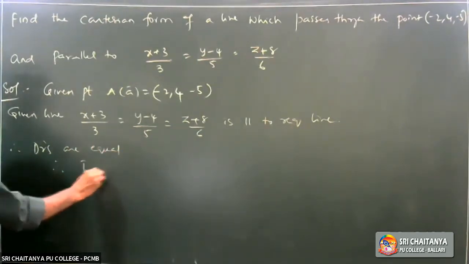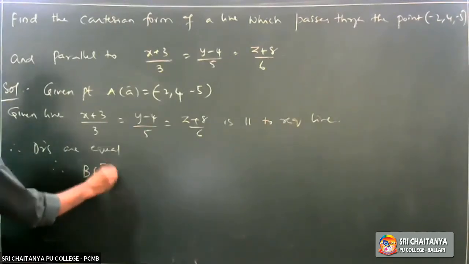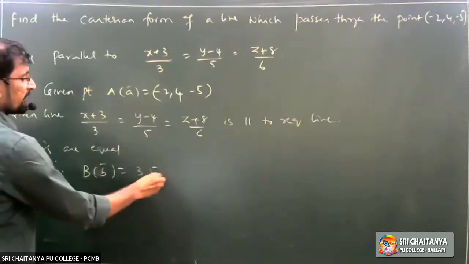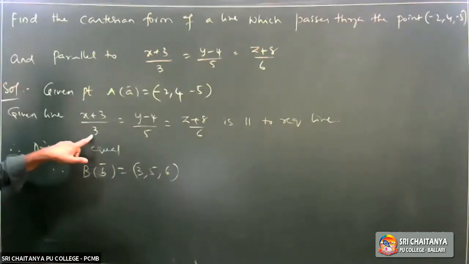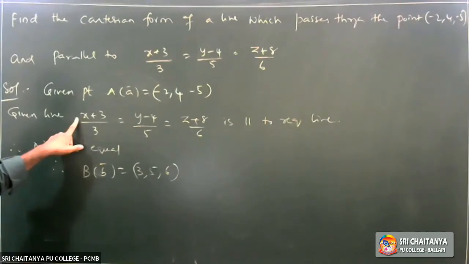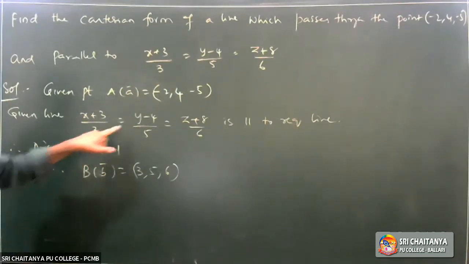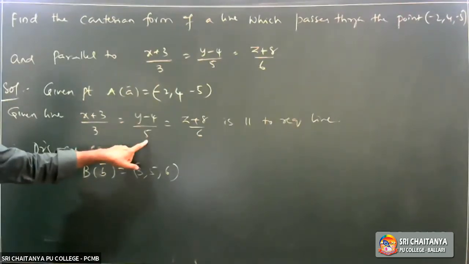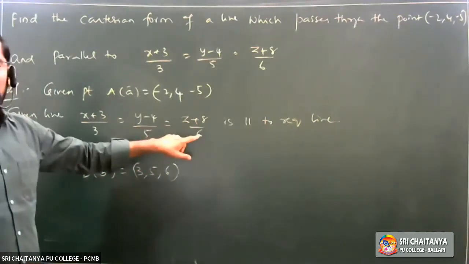Therefore, capital B bar is equal to (3, 5, 6). What are the DRs of this line? This is in the form (x-x1)/A = (y-y1)/B = (z-z1)/C.